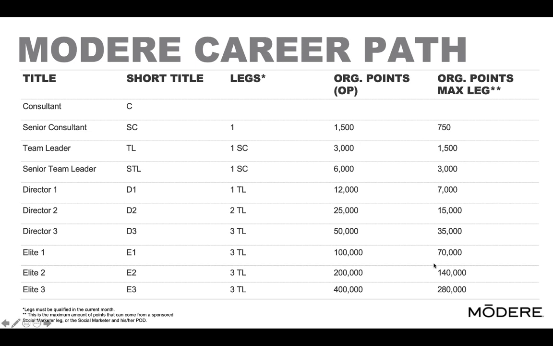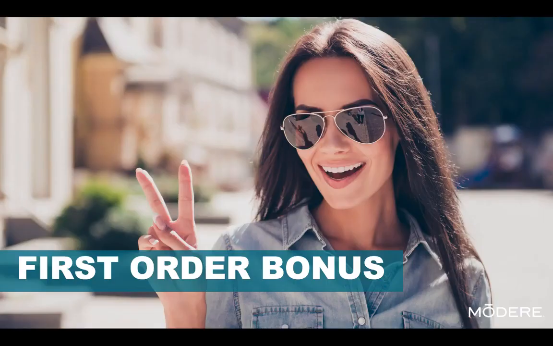Just to exaggerate it, to become an Elite 3, you need 400,000 total organizational points. All of the levels, all the generations count, all the way down to infinity. And then you can count 280 of it from your biggest team.